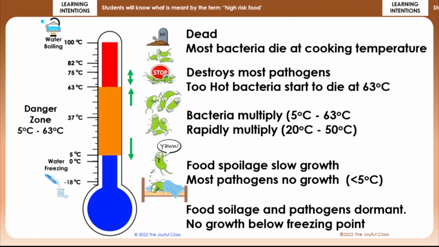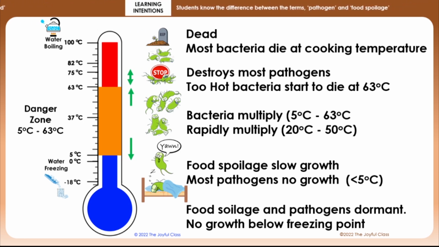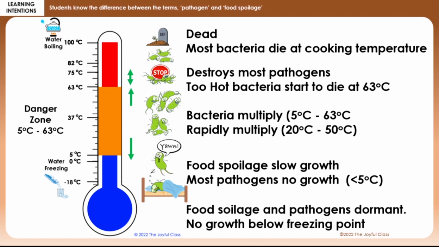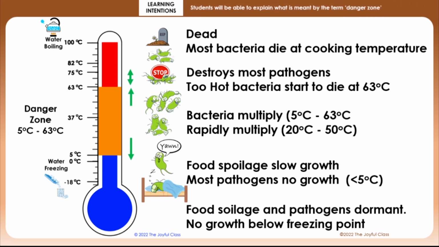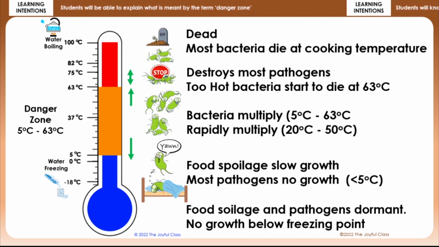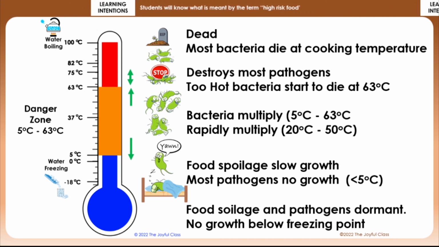And in the fridge, food spoilage is slow. Bacteria that causes food spoilage or pathogens is either slow to grow or there's no growth, less than 5 degrees. And in the freezer, the bacteria that causes food spoilage and the bacteria that are pathogens, food poisoning bacteria, are dormant.